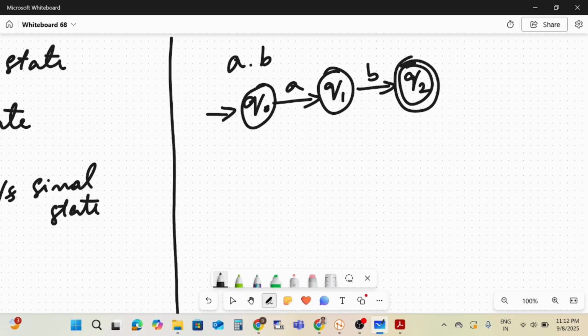Similarly, if you want to represent A or B, you can also write it like this.